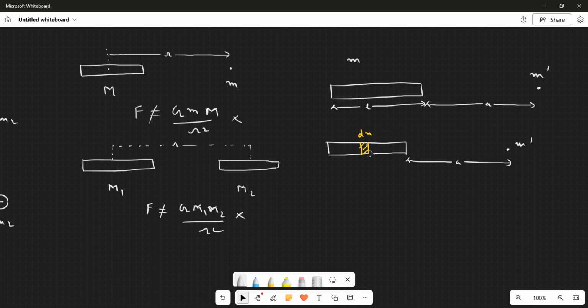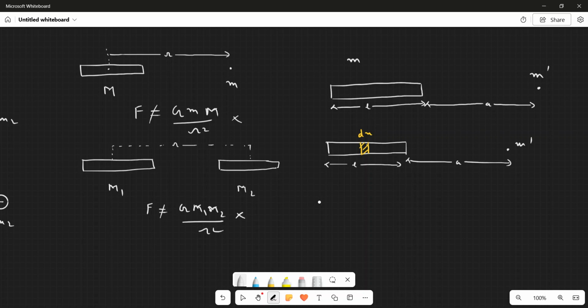After finding the gravitational force existing between this small element dx and particle m dash, I am going to integrate over the length of the rod. So once we get the force between this element and m dash, we have to integrate it over the length.